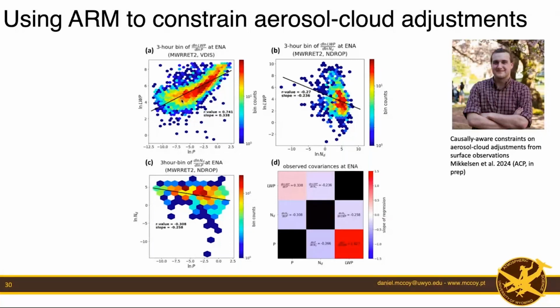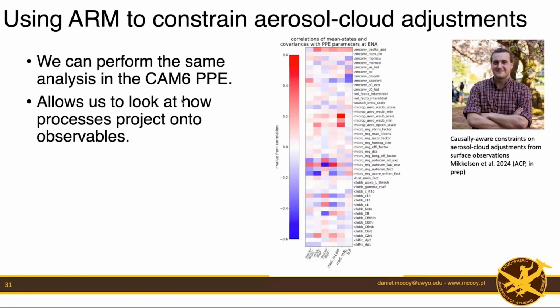This is from the observations, so this isn't the model yet. The correlations between precipitation, ND, and the amount of the liquid water path match our a priori expectations based on cloud physics. But the neat thing that you can do here is perform the same analysis in the CAM6 PPE. This is a big nasty plot where you take all these things that you can actually observe and correlate them across the 260 PPE members with the parameter values.